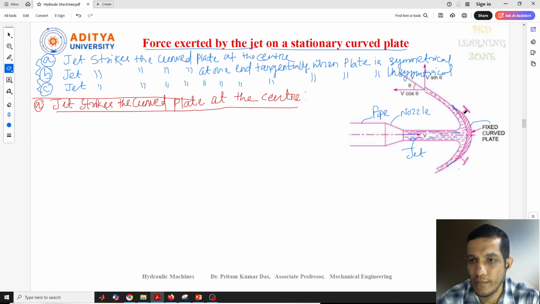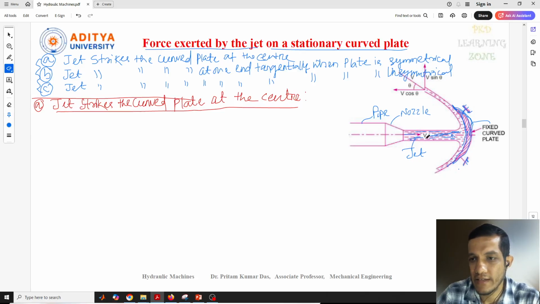This symbol is given for fixed, or you can say the plate is stationary. The hatching line is the plate, the curved plate, and this is the jet of water coming out from the nozzle.